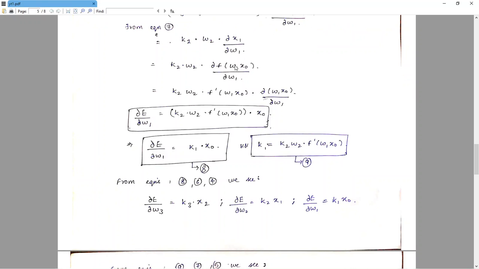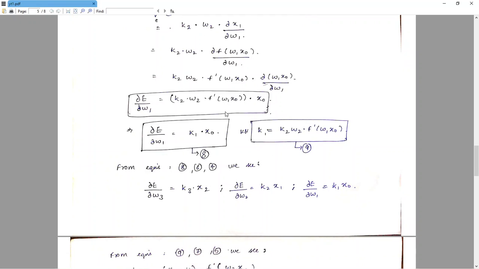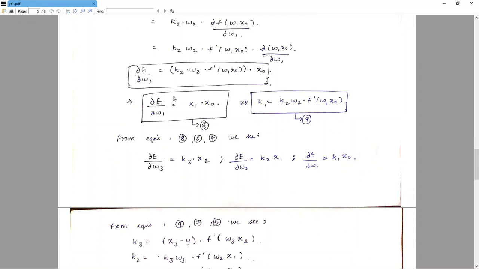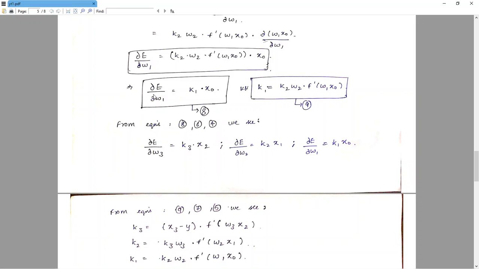Now we can take x naught out because it's a constant, and f dash of w1 x naught into x naught will come out, and dou w1 by dou w1 is 1. So clearly, let's say k1 equals k2 w2 into f dash of w1 x naught. Then the contribution will become k1 x naught.